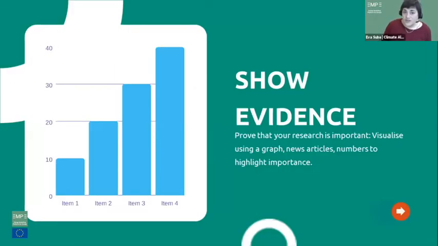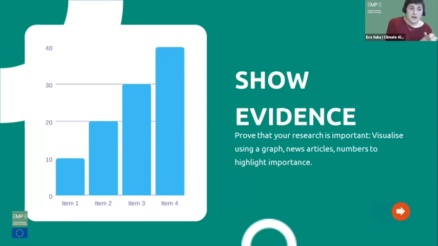When you've done all this, you can show the evidence. Now, how to show the evidence is also a key issue. Showing or listing 10,000 different kinds of numbers, percentages is one thing. But on the other hand, it's very good to have something visual in your hand, right? To back your issue, to back your research with visual representation of what you're doing.